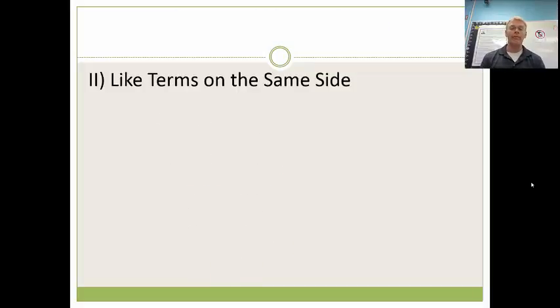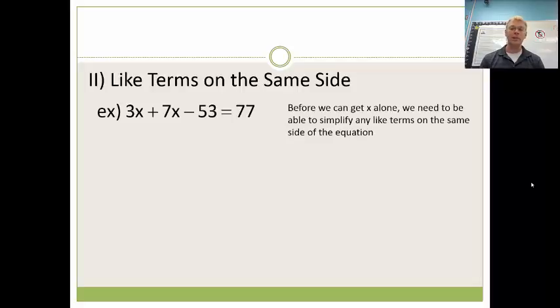So another complexity that could arise when we're solving our equations is that we have like terms on the same side. To this point, we've never had any like terms on the same side of the equal sign. But you can see in this equation, we have 2 like terms on the left-hand side, 3x and 7x. Well, we can't get x alone if it's in 2 different terms.